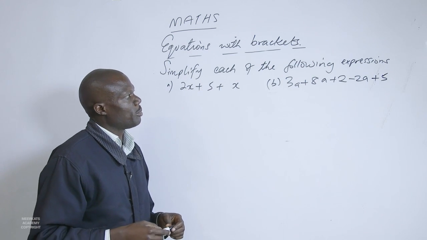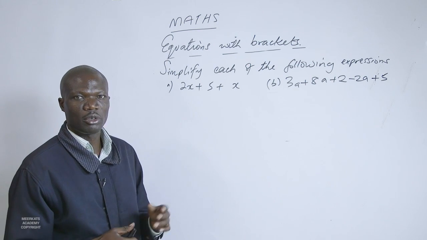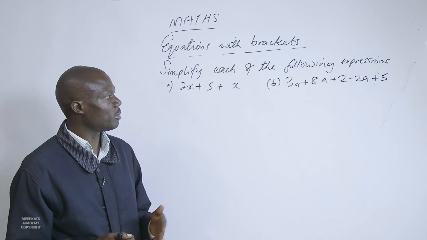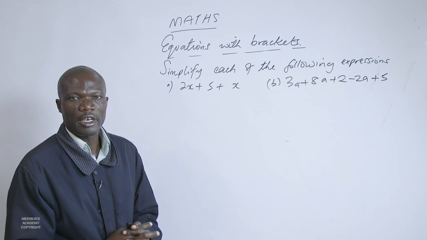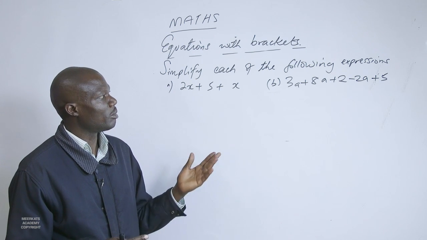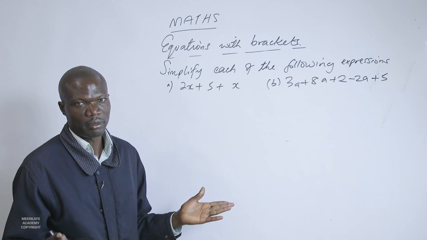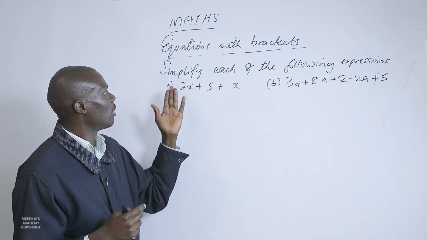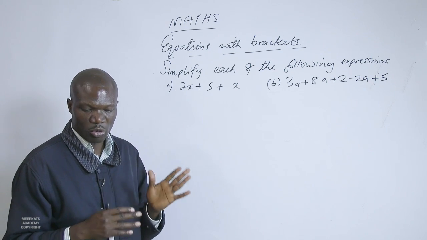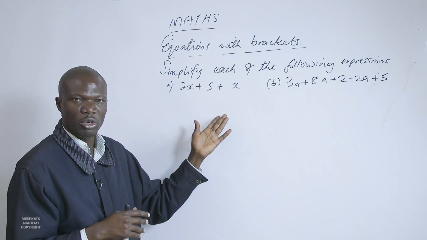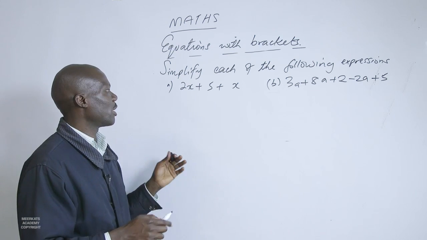Simplify each of the following expressions. The first expression we have is 2x plus 5 plus x. The second expression is 3a plus 8a plus 2 minus 2a plus 5. This one is about like terms, so we shall be required to identify what the like terms are.